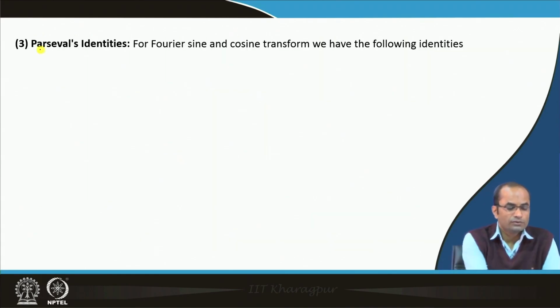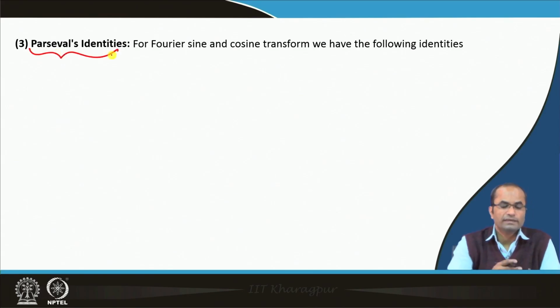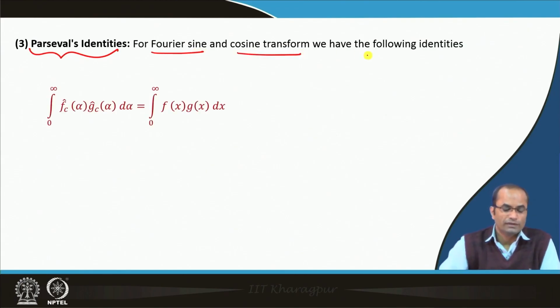Well, we also have the so called Parseval's identity in this connection. If we have the Fourier sine and cosine transforms, we have the following identities. So, the Fourier cosine transform of f and the Fourier cosine transform of the function g.